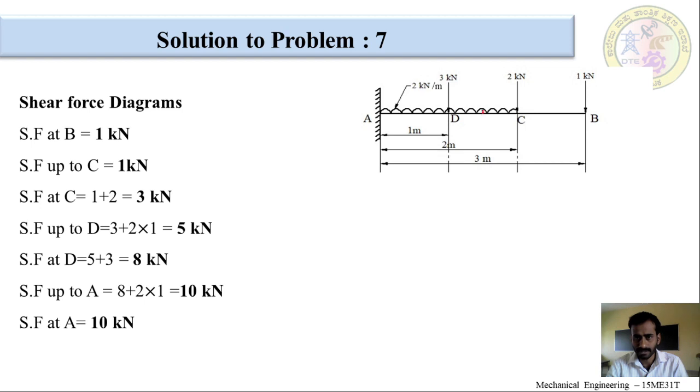Hence, I will replace this by a point load, which is 2 kilonewton per meter into the length of the UDL from C to D. What is the distance from C to D? It is 2 meter minus 1 meter, which is equal to 1 meter.